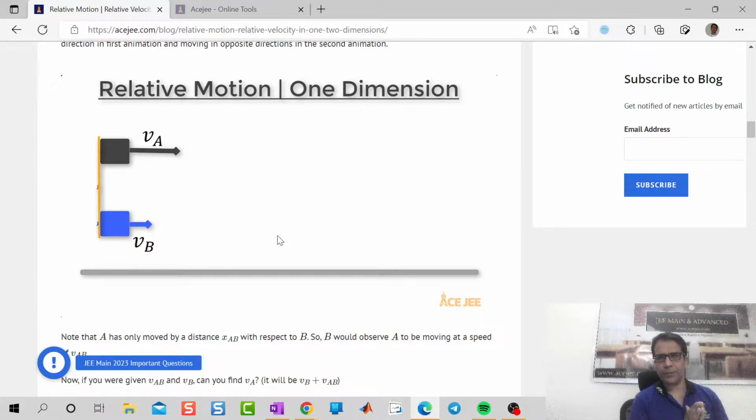Now we talk about relative velocity, and let's say we are interested in the relative velocity of A with respect to B. Then what B will be looking at is not how far A is moving with respect to the ground or any other reference. It is going to see how far A is from itself, right?